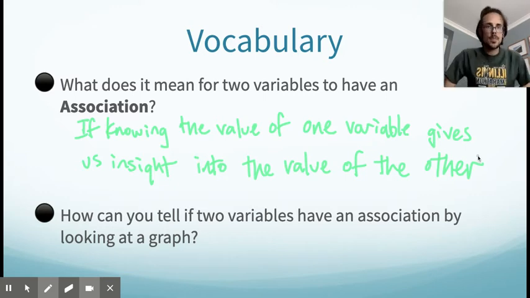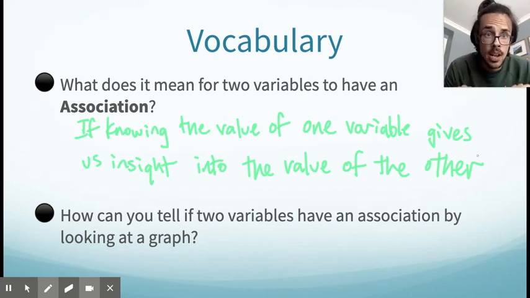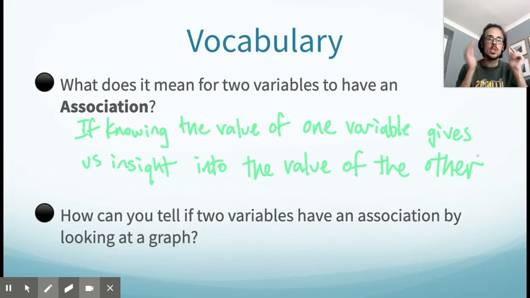All right, so knowing the value of one variable gives us insight into the value of the other. When I wrote down this definition, when you talk about an association, I kind of danced around saying the word effects.